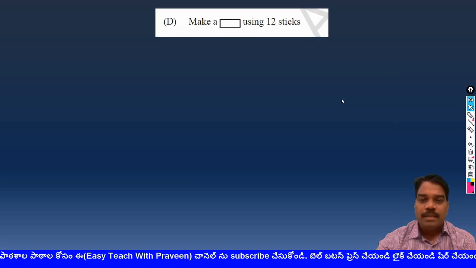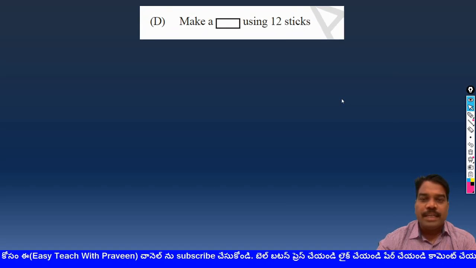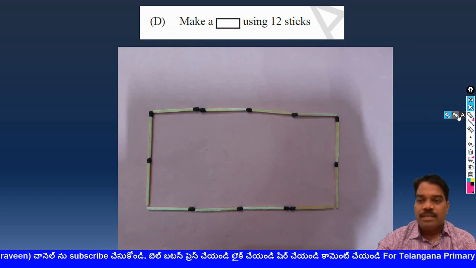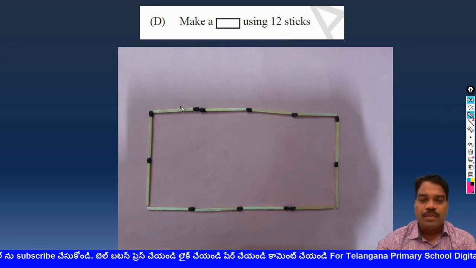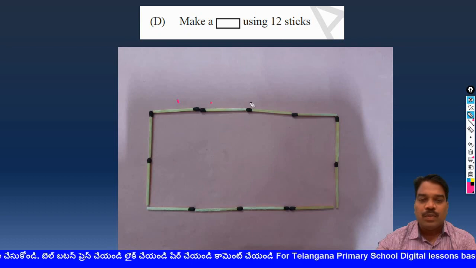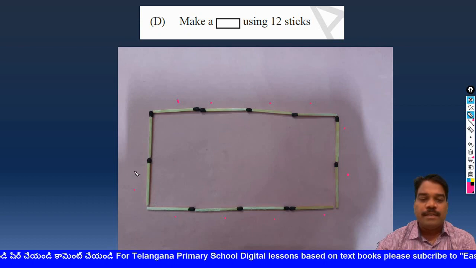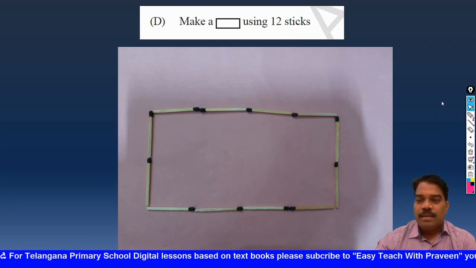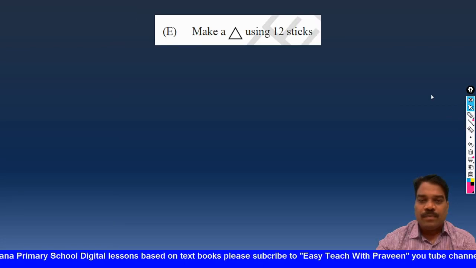All right, next question. Make a rectangle using 12 sticks. Right, this is the rectangle and 12 sticks are used for this one. You can count: 1 2 3 4 5 6 7 8 9 10 11 12. So these are the 12 matchsticks. Right, make a triangle using 12 sticks.